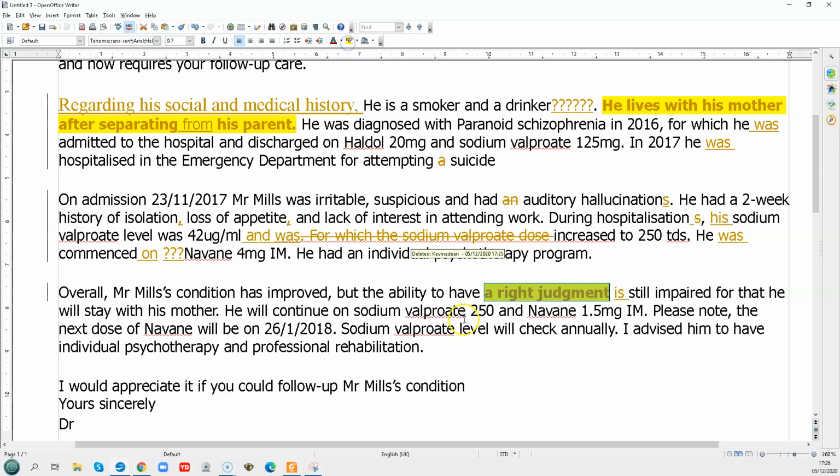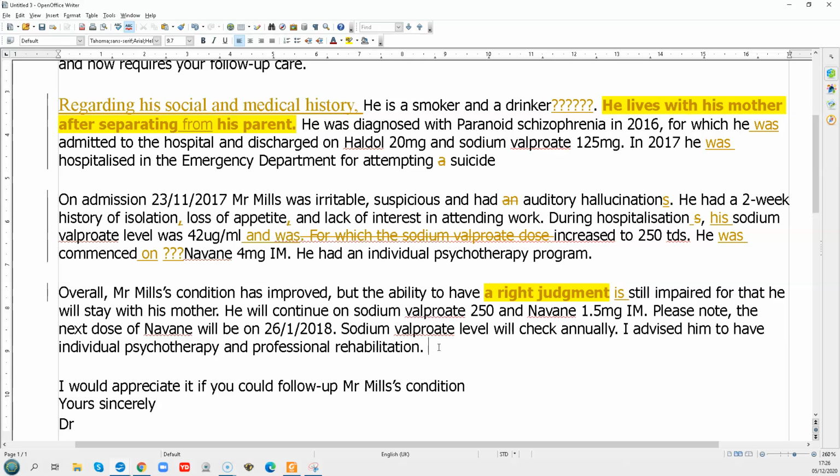What does that mean? I know what you think it means. The ability. So he still has some impairment so his judgmental ability is still impaired. But the ability to have, and what exactly is a right judgment? Judgment about what?